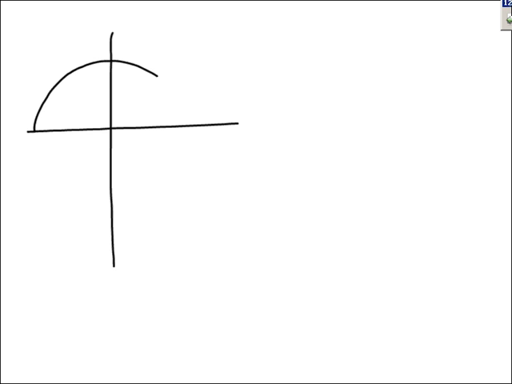Okay, here's a fairly popular problem. Suppose you have this parabola, or let me restate it, a semicircle. And I tell you y is equal to the square root of 8 minus x squared.